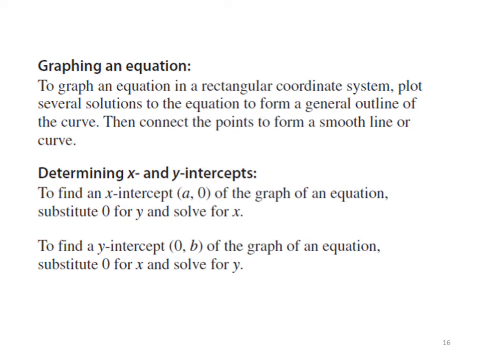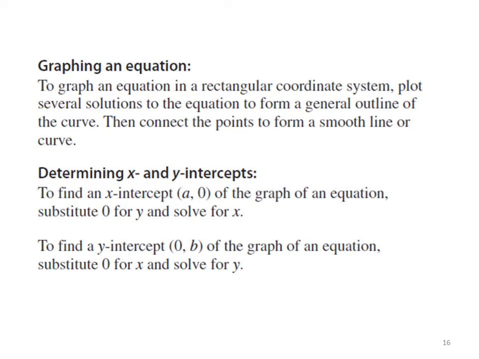Whenever you have an equation in two variables, you can always graph it using the rectangular system. Here the possible values for x, for example, could be an infinite set.